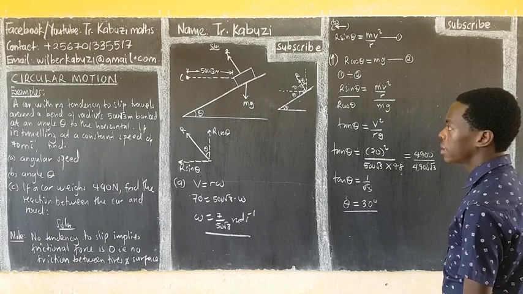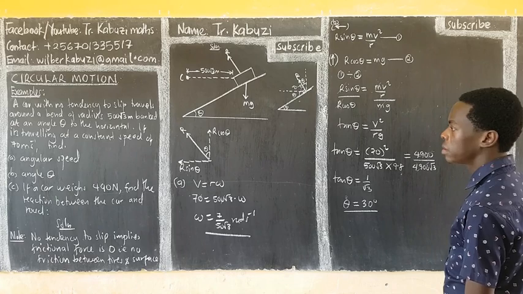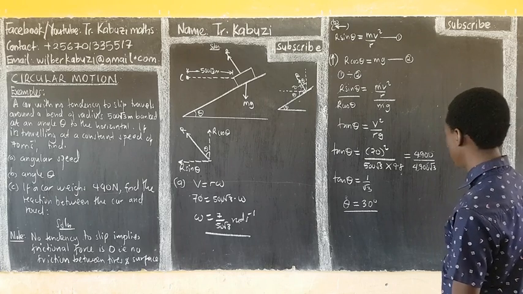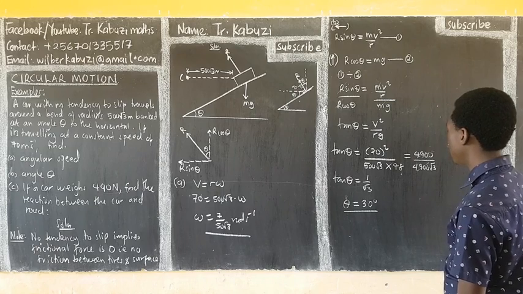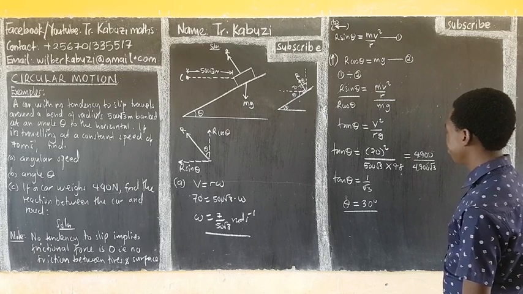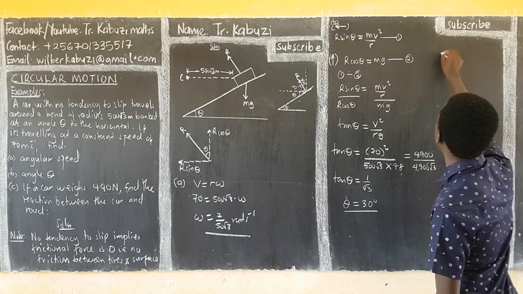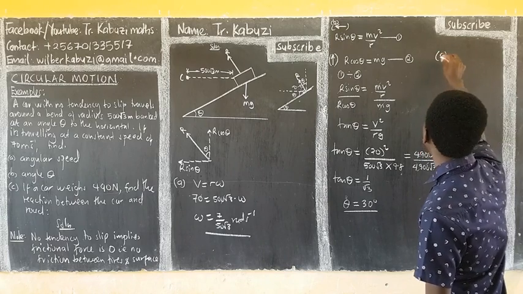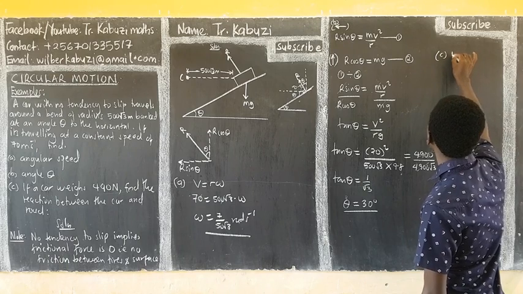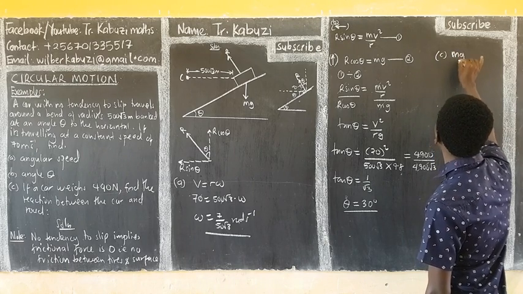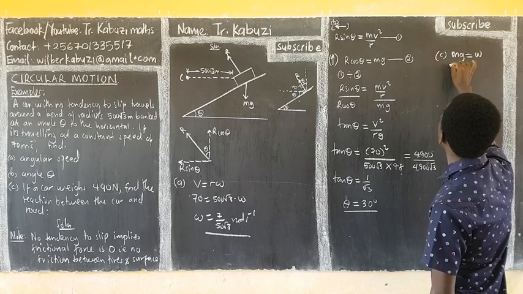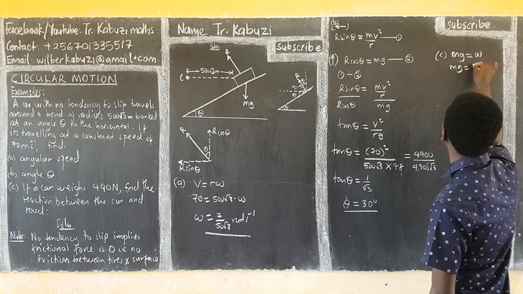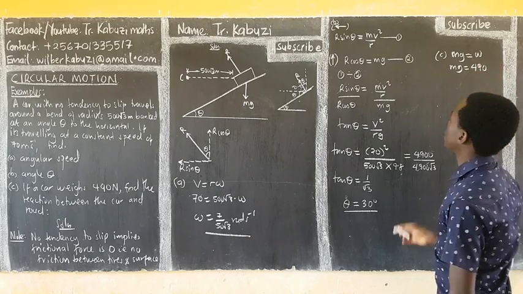Then part C, if the car weighs that, let me do my part C here. Remember our weight, or our mg, is equal to the weight. So our mg here is equal to 490.